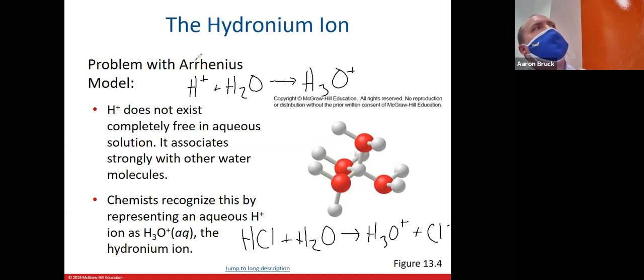And so because of this big problem, while the Arrhenius model does a good job for us helping to identify certain types of acids and bases based on formula, again, starts with H, ends with OH, starts with H, ends with OH. Following that model of, okay, this is what an acid looks like, this is what a base looks like.